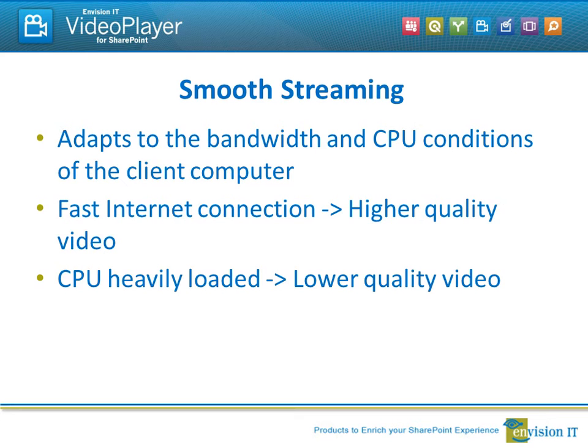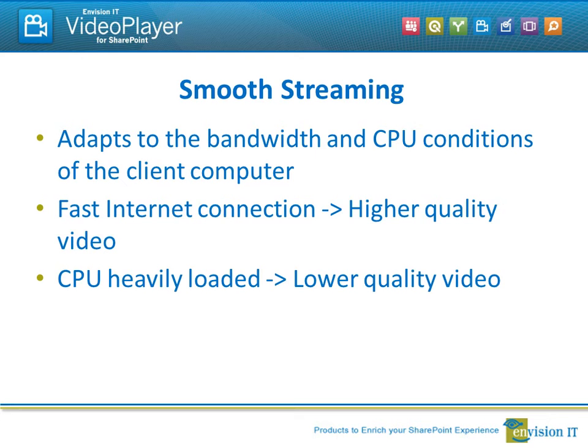So what smooth streaming does is constantly check your bandwidth on your internet connection, how your CPU is performing, and what capabilities you are able to support. As you have a faster internet connection and a faster CPU, it will increase the video quality. It puts more of a load on your system, but you get a better quality, potentially even all the way up to full HD video.